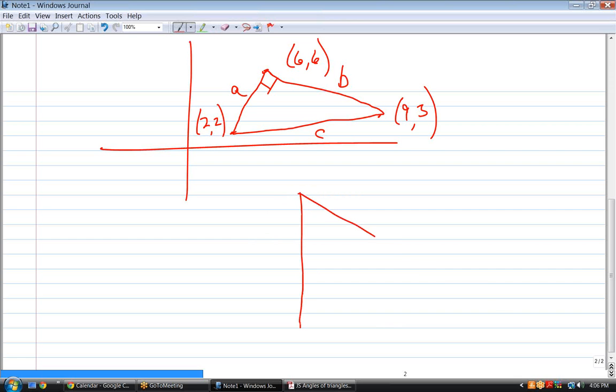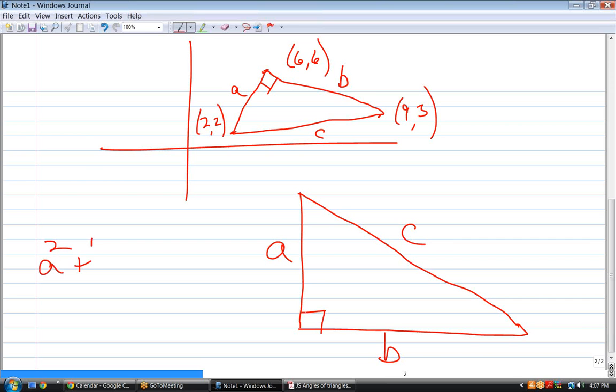I don't think you've had it yet, but it's probably the most important theorem in all of geometry. What it says is that if you have a right triangle, meaning this is 90 degrees, then a squared plus b squared equals c squared. Yeah, I remember that. That's called the Pythagorean theorem, and you want to remember it for sure.